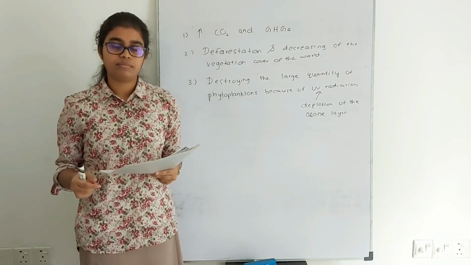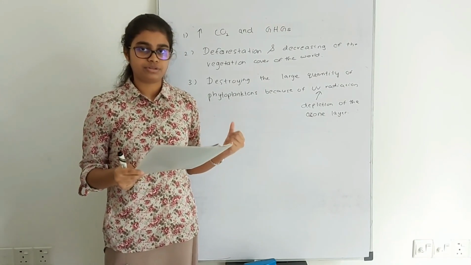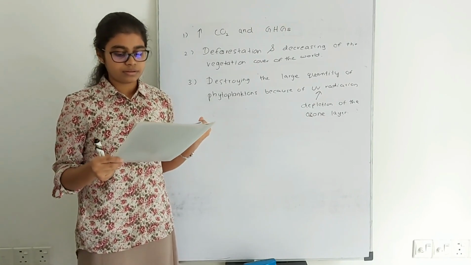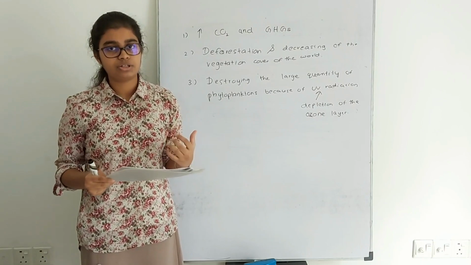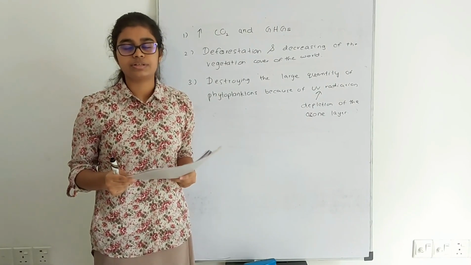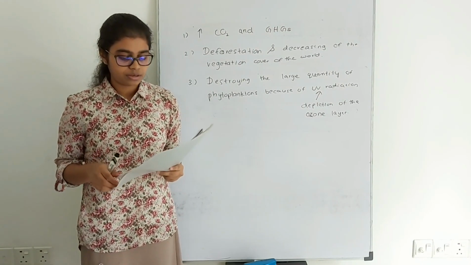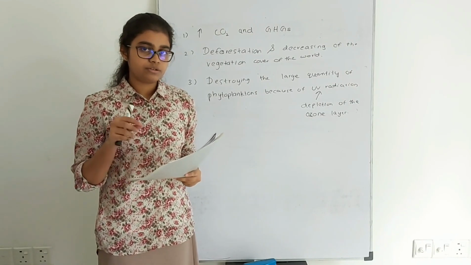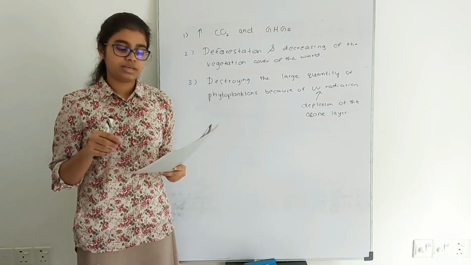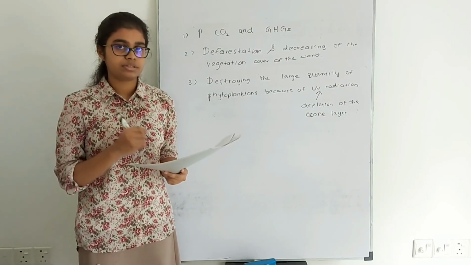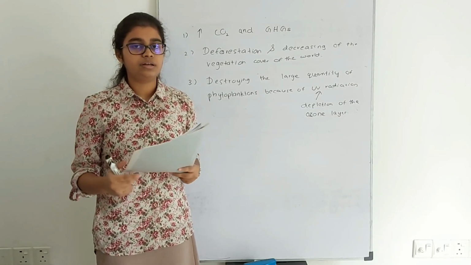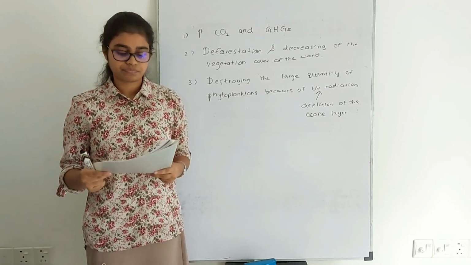They absorb carbon dioxide in the process of photosynthesis, and this absorption capacity is much greater than that of terrestrial plants. Though phytoplanktons are unicellular microorganisms, they say that 60 to 70% of carbon dioxide absorption is done by these phytoplanktons.